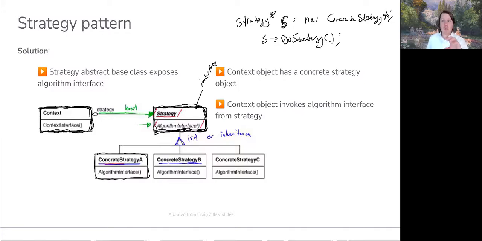But the key thing to note here is that if the interface is afforded through the abstract base class, and these are pure virtual function declarations, every concrete strategy would have to implement that behavior, and we could access the child's behavior, so the concrete strategy's implementation, through that idea of virtual functions.